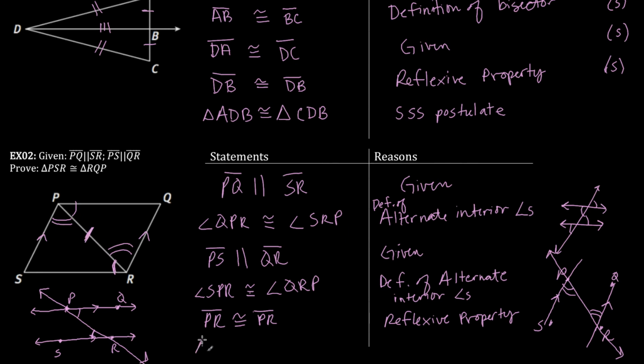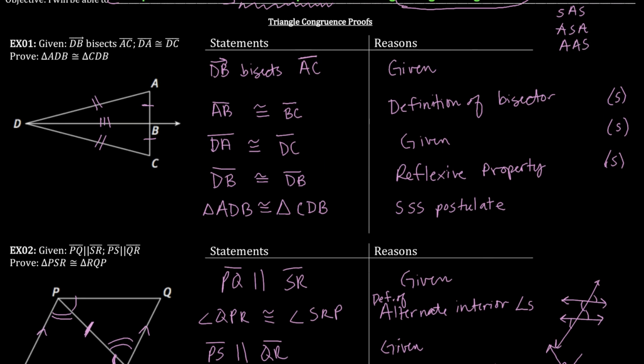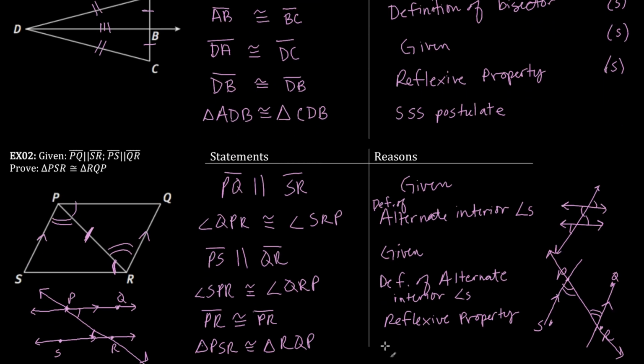So we know that triangle PSR is congruent to triangle RQP through angle, side, angle. Let me make sure that's a thing. Angle, side, angle. Cool. ASA postulate. And cool. That's it. Thank you.